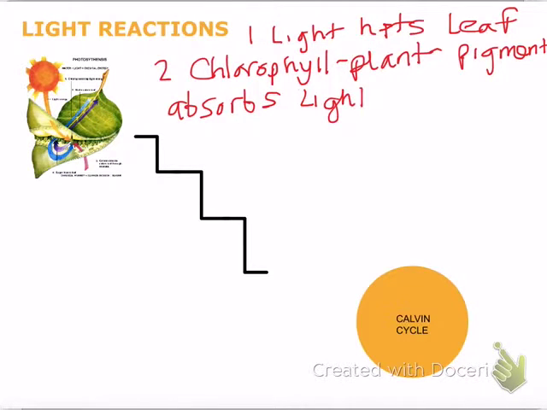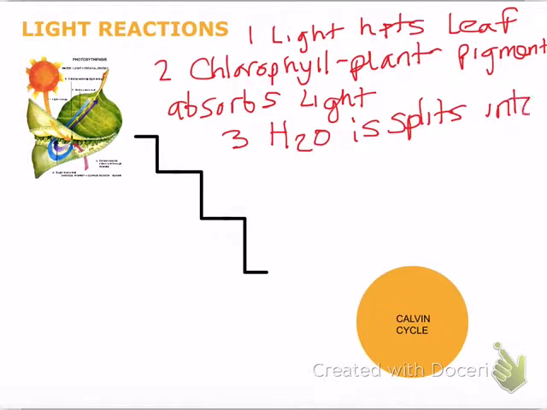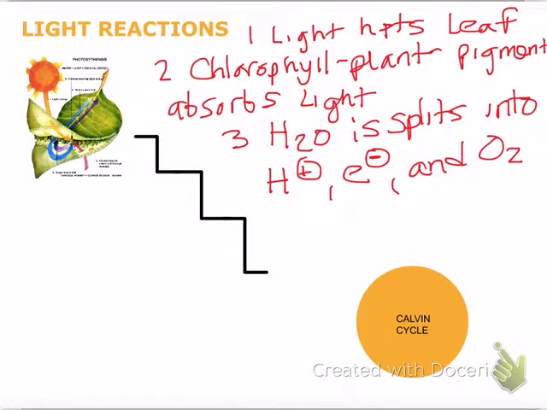This causes water to split. And water splits into a hydrogen ion, which is positive, an electron, which is negative, and oxygen. Oxygen is going to leave through the stomata.